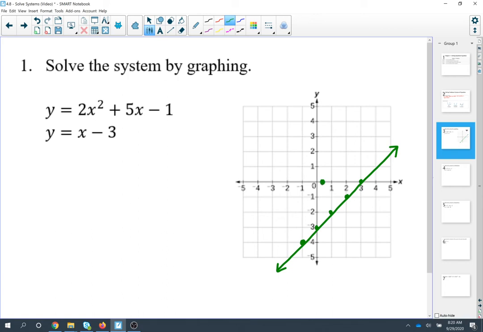It also intersected over here at -2 point something-ish. And then I'm going to try my best, and I'm not a great artist here, to draw my parabola where it just kind of hits that one point. And that was roughly the picture we were looking at. Now, that was their point of intersection. So when it says solve the system, we had (-1, -4), and that is one solution.